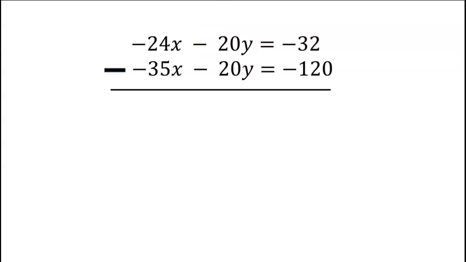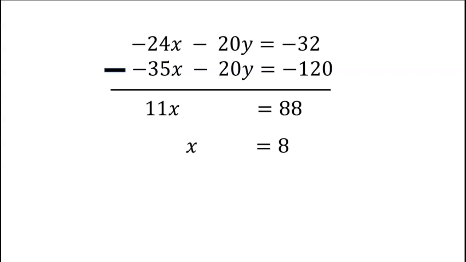So negative 24x minus negative 35x. The minus negative turns that into a positive, so we're going to have negative 24x plus 35x, which will give me 11x. The 20y's will cancel out, and negative 32 minus a negative makes that a plus, so negative 32 plus 120 is 88. Dividing both sides by 11 will give us x equals 8.